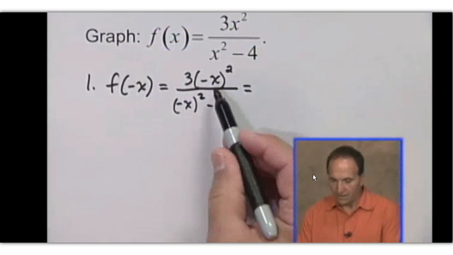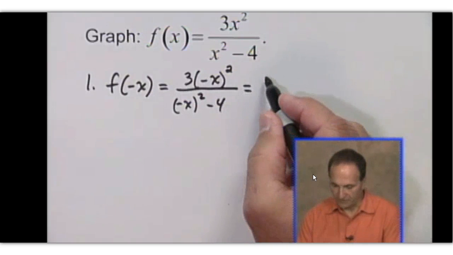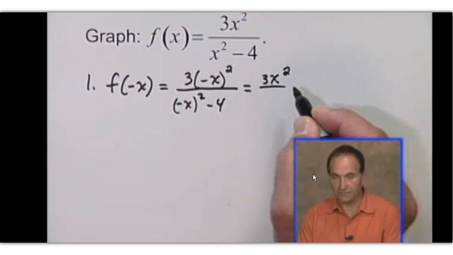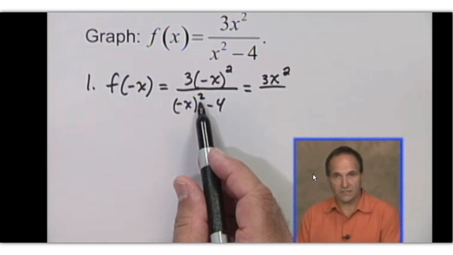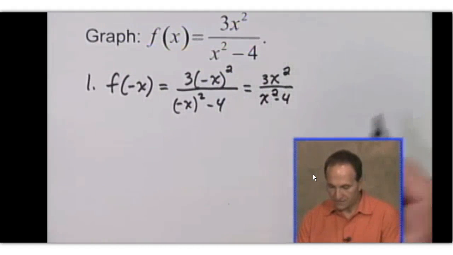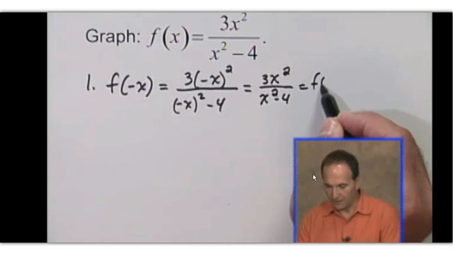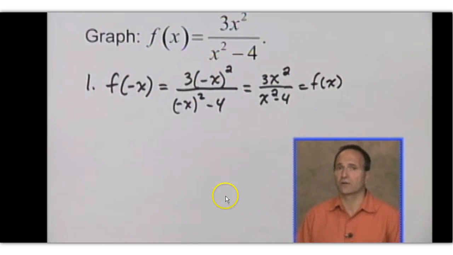And so the opposite of x quantity squared is x squared. So I have 3x squared divided by x squared minus 4, which means it's exactly equal to f of x. And that tells us that the graph is symmetric with respect to the y-axis. So he's giving some good information here about symmetry.